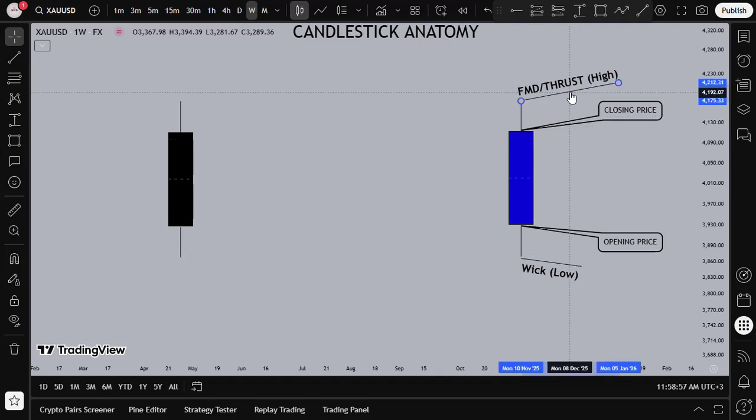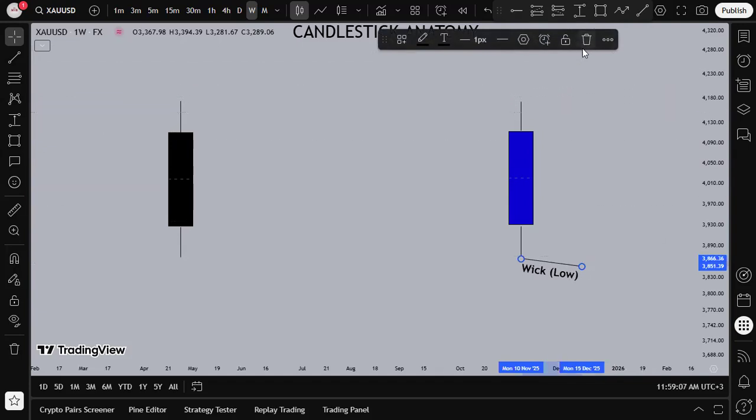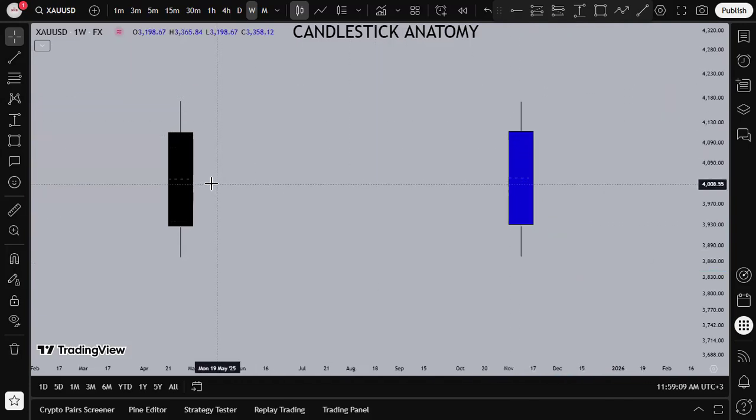This is a very, very important thing to understand, especially when you're analyzing the higher time frame.